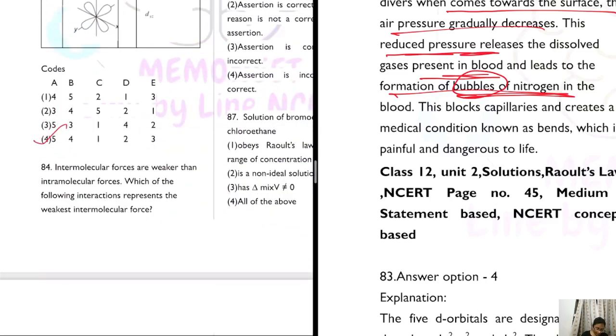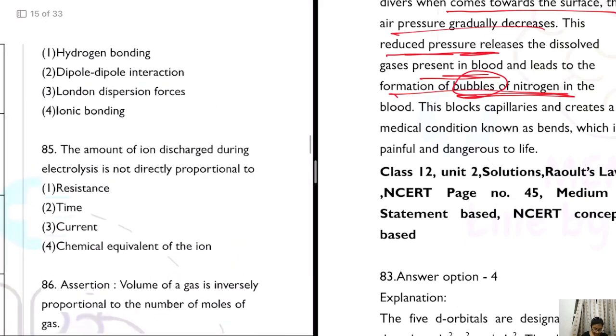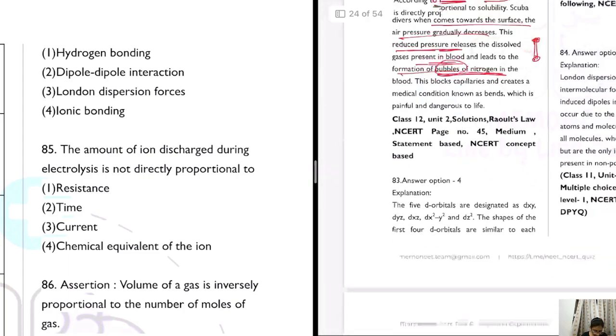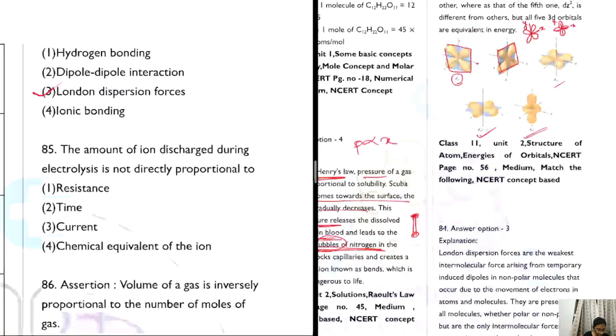Intermolecular forces are weaker than intramolecular forces. Which of the following interactions represents the weakest intermolecular force? We know that, be it anything, the London forces are the weakest. Then comes dipole-dipole interaction, then hydrogen bonding, then ionic bonding.